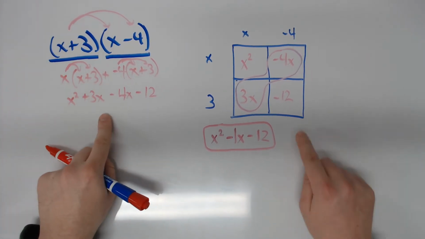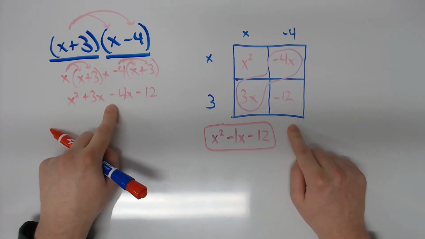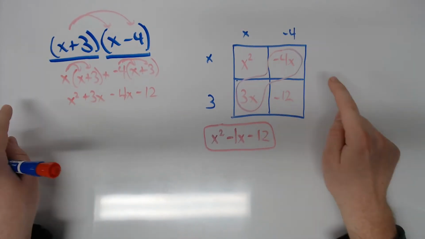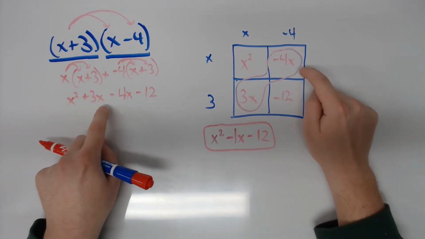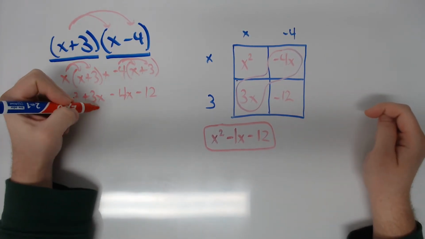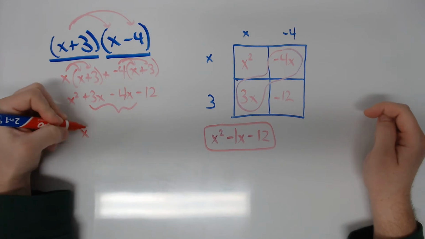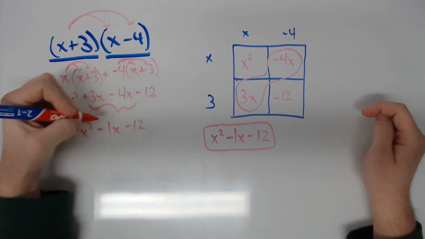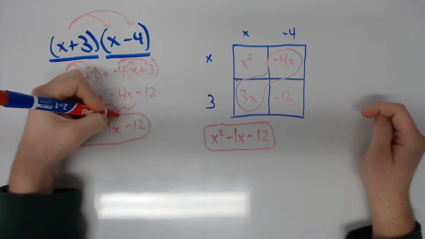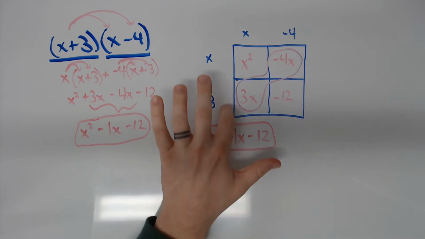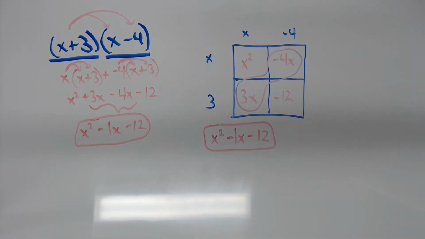Now look at the pattern. Each of the boxes matches up with each of these terms. I've got an x squared, a positive 3x, a negative 4x, and a negative 12. So then combining like terms, just like I had to do in the box, also gets me x squared minus 1x minus 12. So this is how the box, the Punnett square, the graphic organizer works.